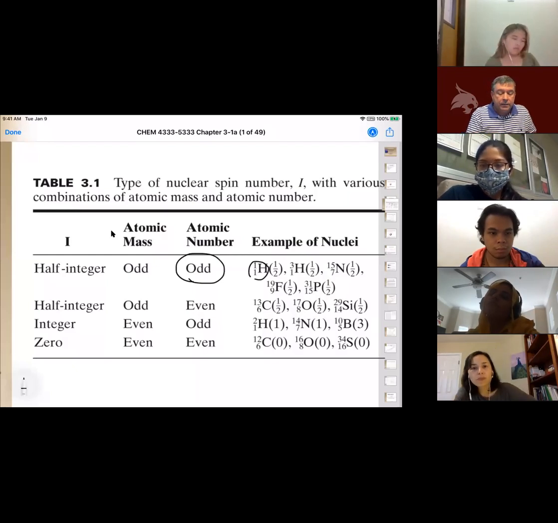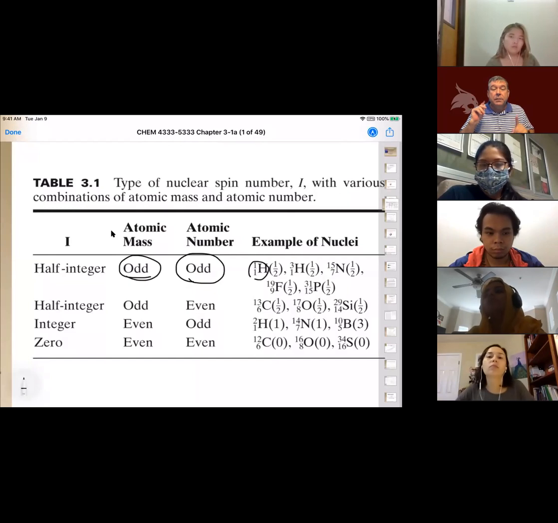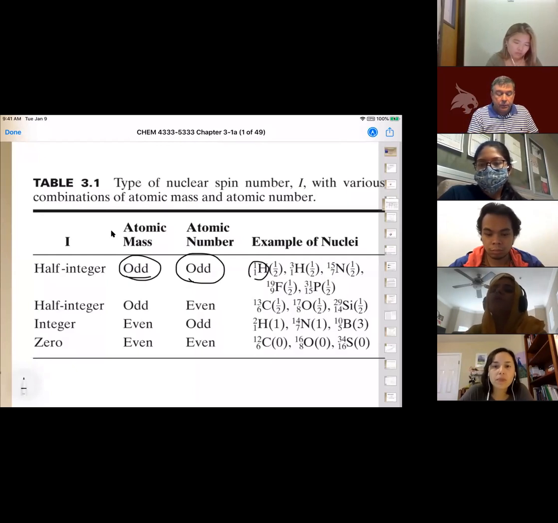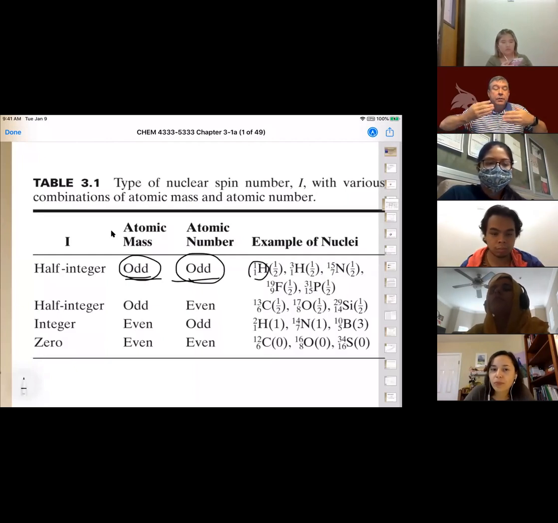If you have an odd atomic number and an odd atomic mass, that means you have a mismatch between protons and neutrons, and therefore you have spin, okay? In this case, when we have these odd configurations, we can have half spin, okay? Because you can never balance the protons and neutrons, so they always have half spin.